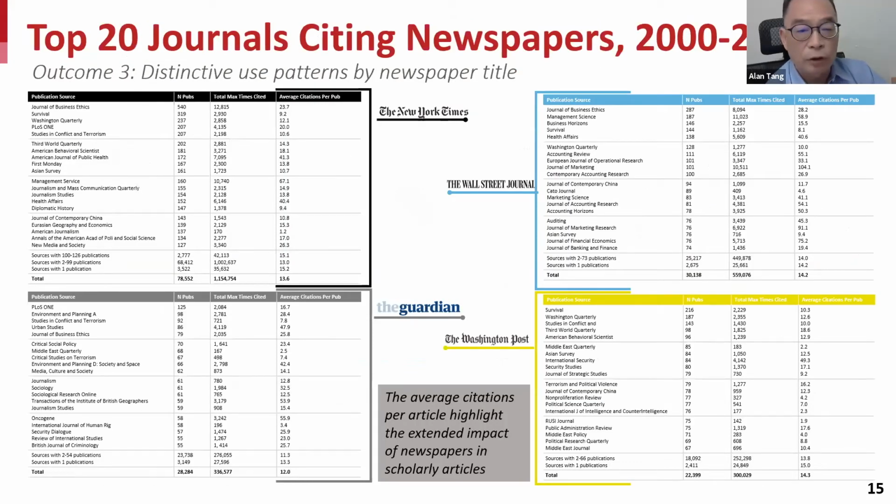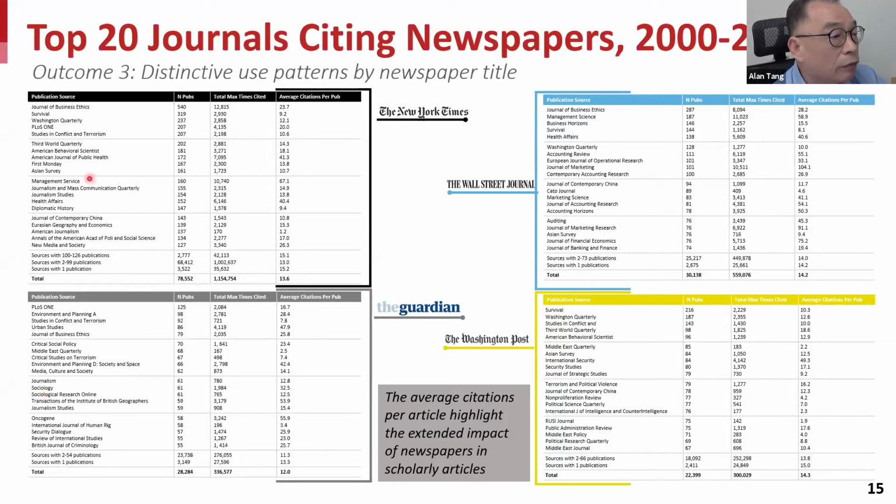And again, I'm sorry for the characters seeming a little bit small, but I just want to point out those distinguished use patterns by newspaper titles. Let me use the laser pointer here.